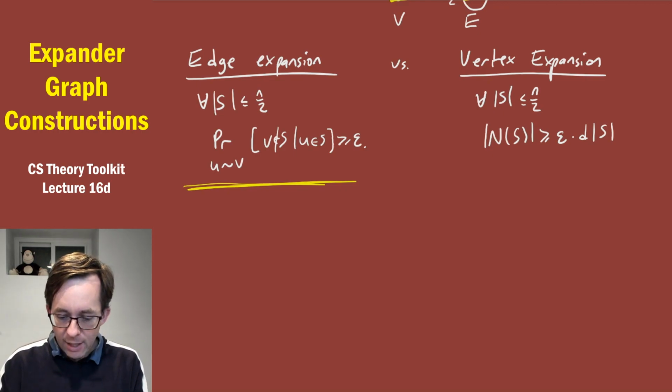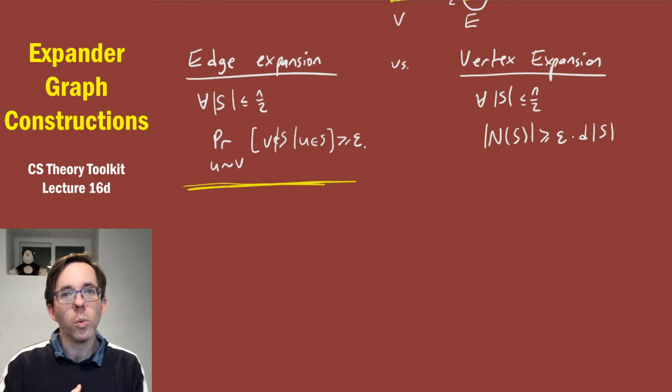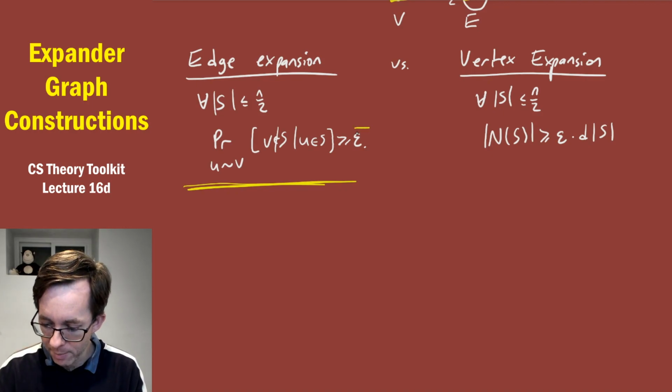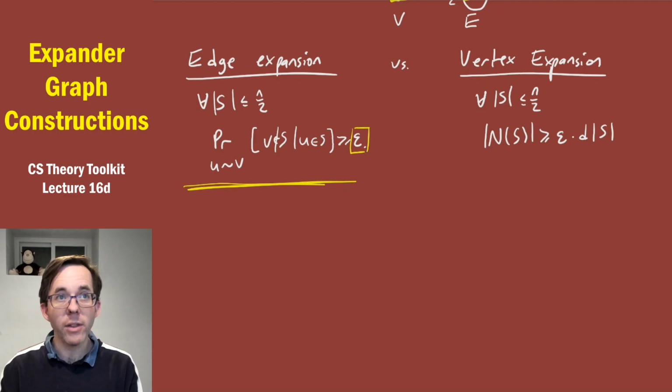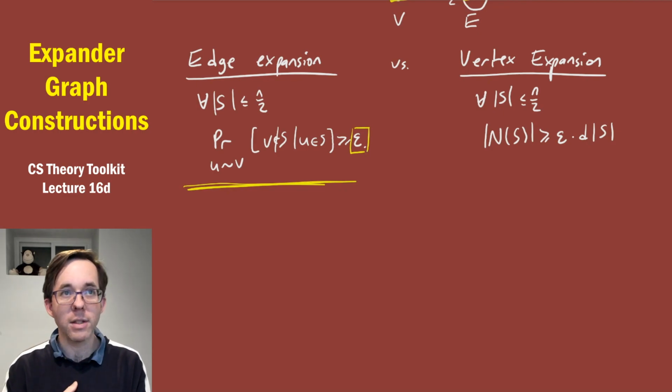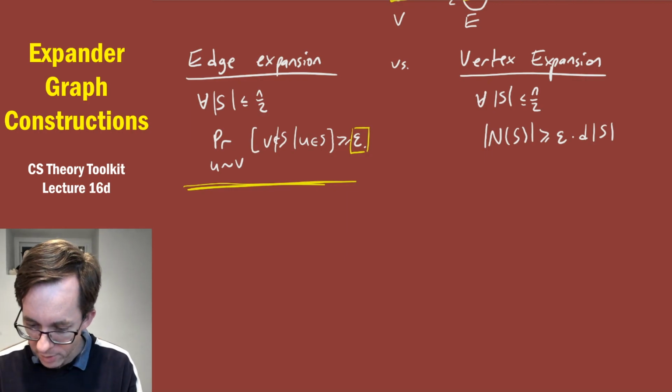Now, I have to pull one more switch on you, which is that in the study of expander graphs, it's even more usual not to study this edge expansion parameter epsilon, but rather to study the second smallest eigenvalue of the graph's Laplacian. So let me repeat that.